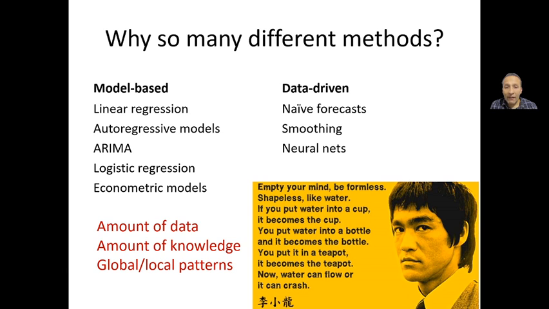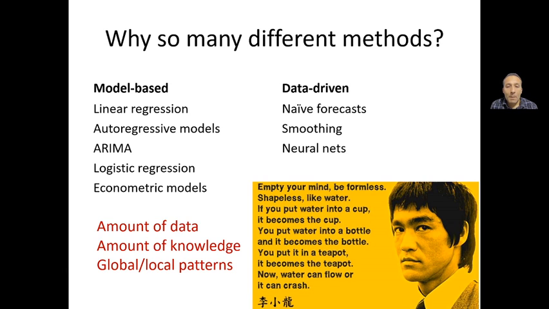In general, there are two ways to achieve that. The first one is model based. It's called model based because we can use other parameters, and those parameters are going to get coefficients.